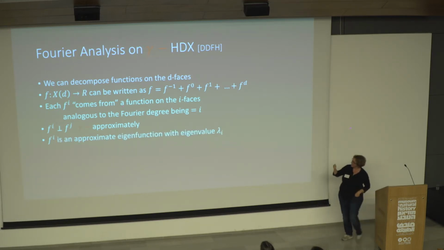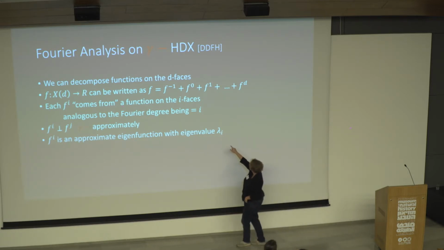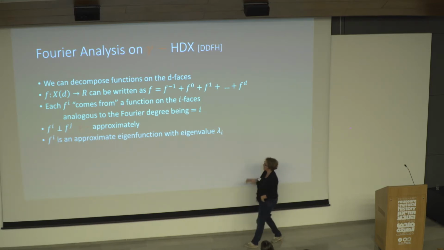Also, f_i is an approximate eigenfunction of these up-down operators, with an eigenvalue lambda_i. This lambda_i depends on the complex, and it depends on i.